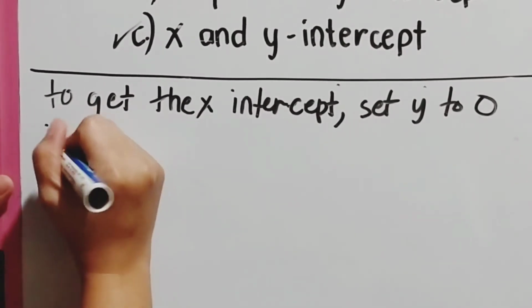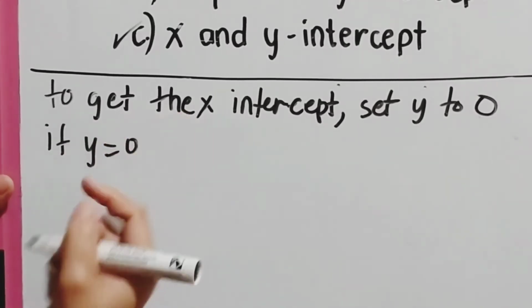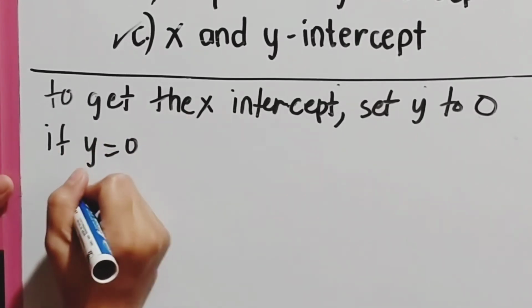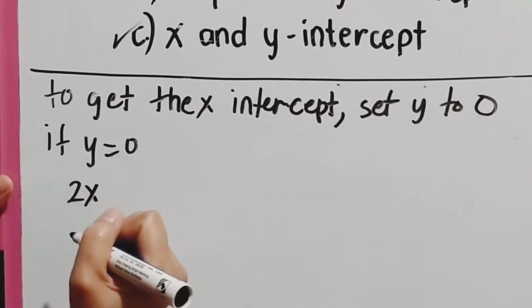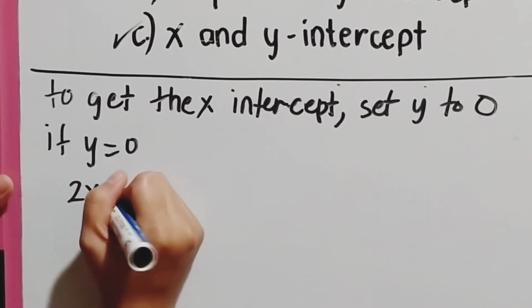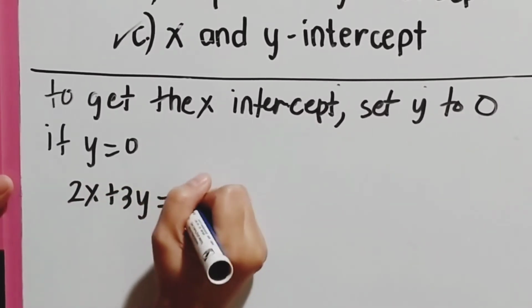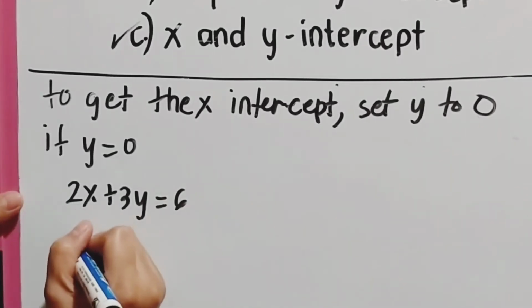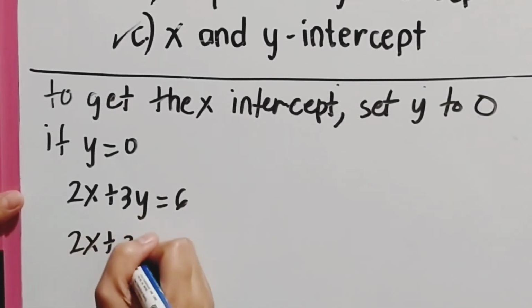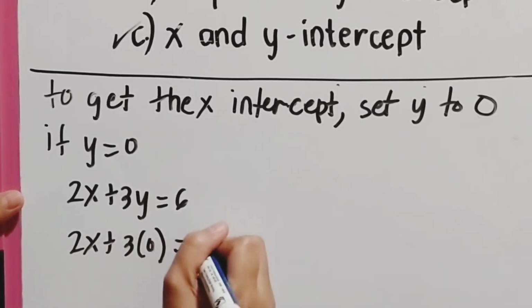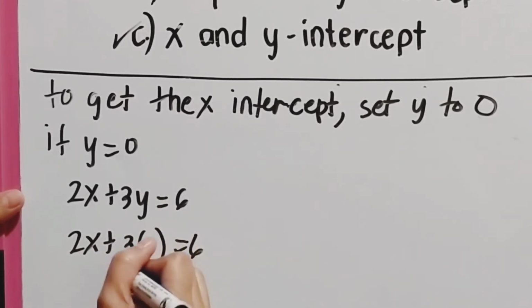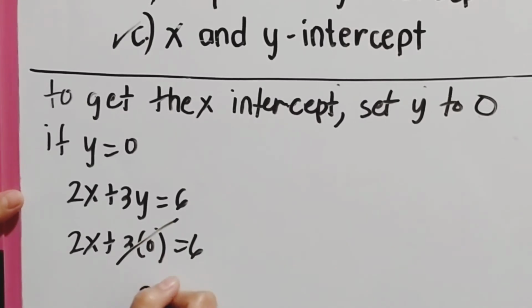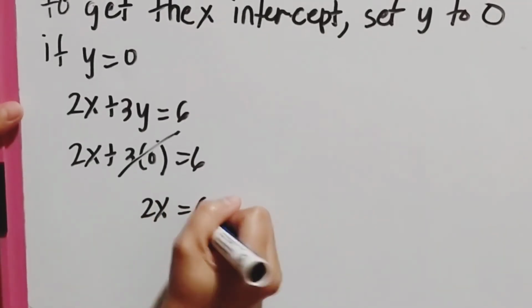Okay. If y is 0, what will be the value of x? So the equation is 2x plus 3y equals 6. So if y is 0, this will become 2x plus 3 times 0 equals 6. But 3 times 0 is 0. So we have here 2x equals 6.